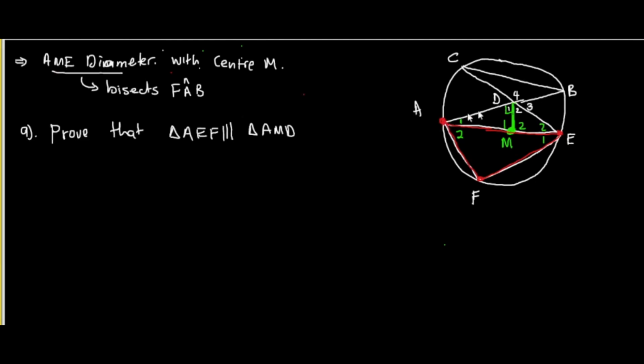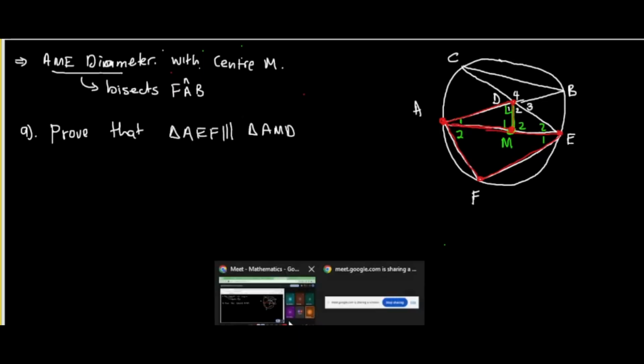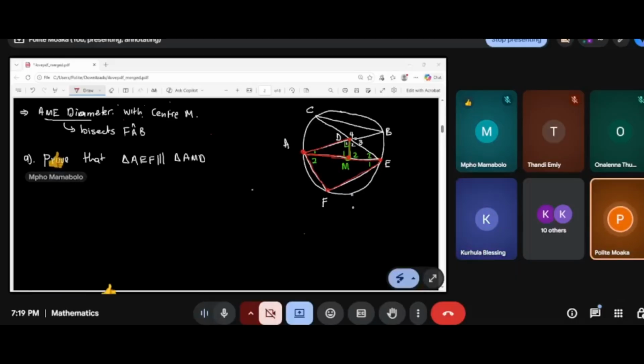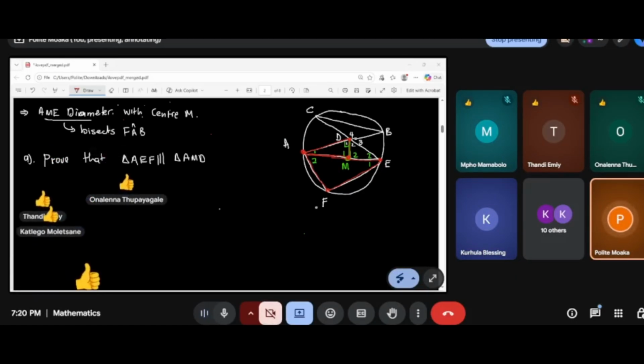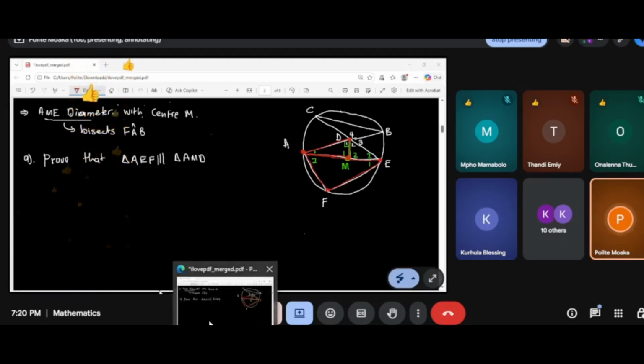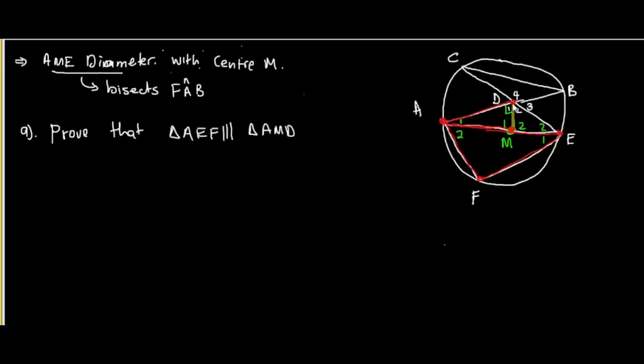So we'll start at A, we'll move to M, then to D, it's AMD. So this is the triangle that they are referring to. I hope you guys understand how I got these two triangles. Can you see my triangles? That's very important to know the triangles that you have to work on. So those are the two triangles, 100%.